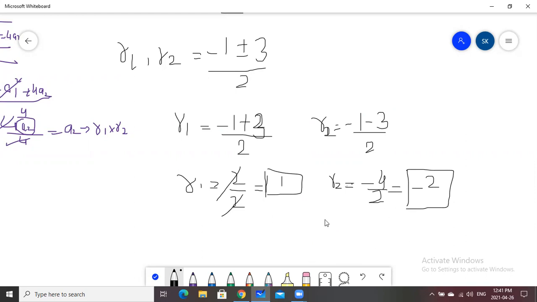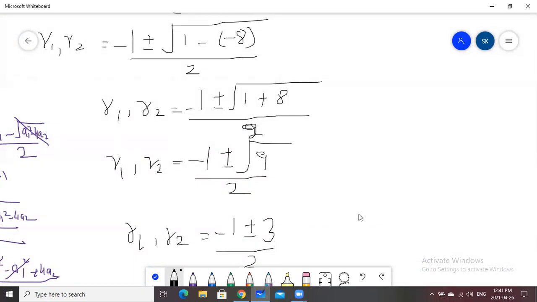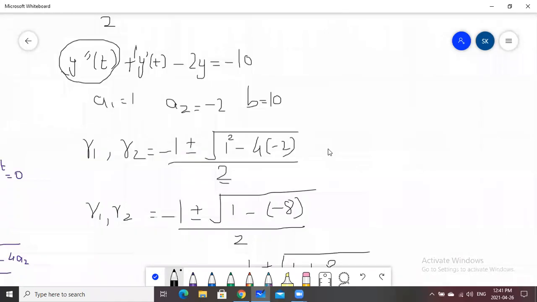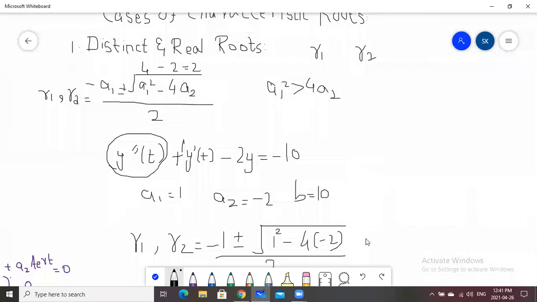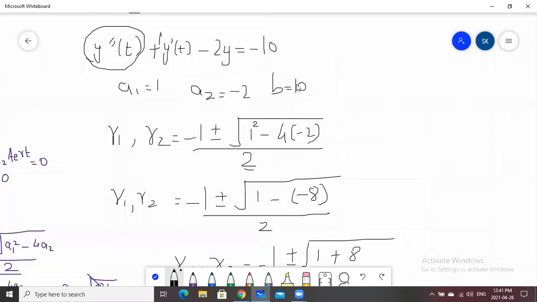Therefore, when we are dealing with case 1, that is the case of real and distinct roots, then the value of a1 square should be greater than 4a2, and solving the square root with a1 square greater than 4a2 will yield us two roots which are real and different from each other.